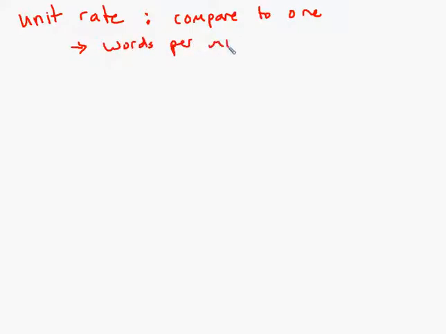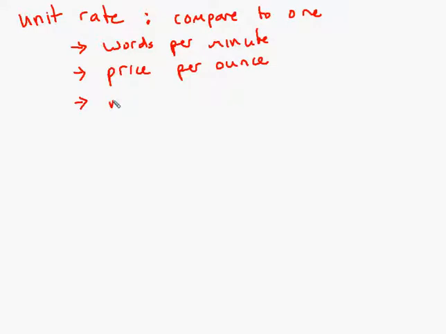All right, now a special kind of proportion that we have is a unit rate. And this is where we do a comparison to 1. So some examples of this would be words per minute. Or we might have price per ounce.